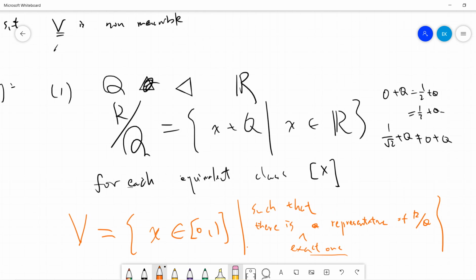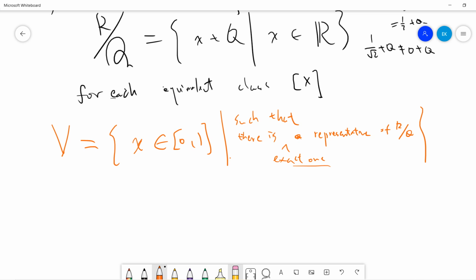What it means is that you can find many representatives for each class. But for a representative of some class, you can shift it into 0 to 1, because you can always subtract a rational number.